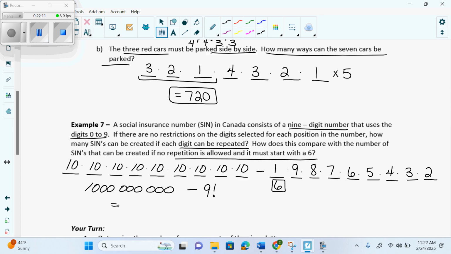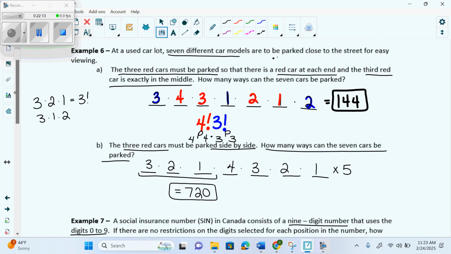We also forgot sentences the entire way through here. So, the 7 cars can be parked 720 ways.